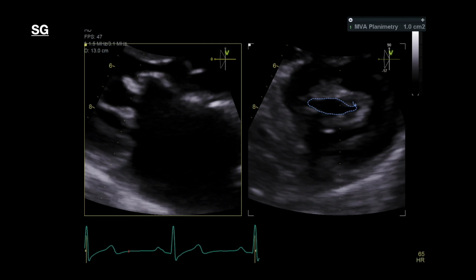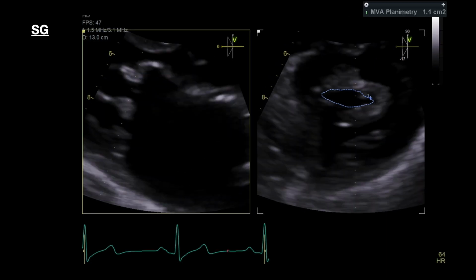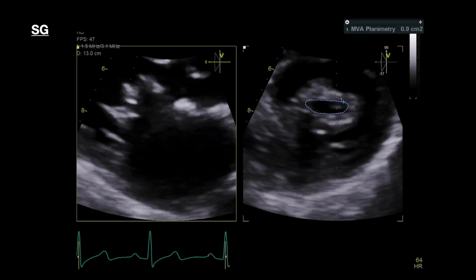If you look at the panel on the left, it helps you work out where you are in the valve in terms of the aperture. But this is more kind of advanced sonography. And 1.1. And there, 0.9. So it's all around the 1 centimetre squared in terms of mitral valve area by planimetry.